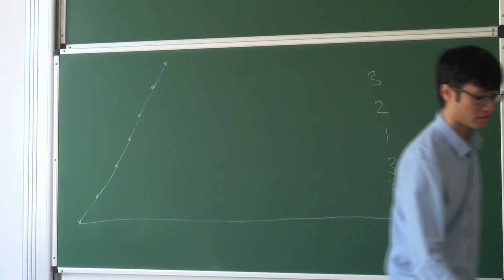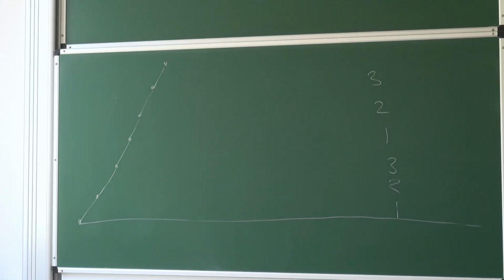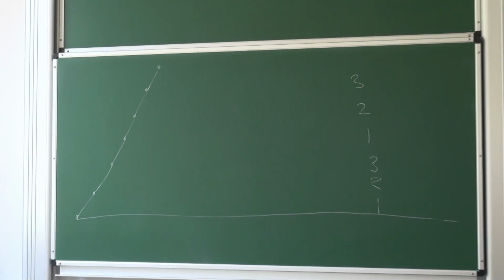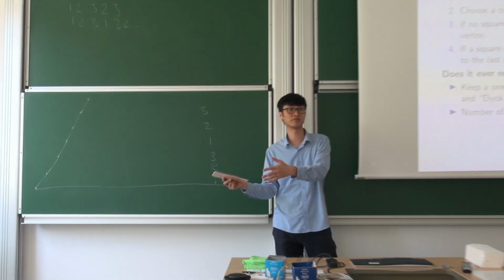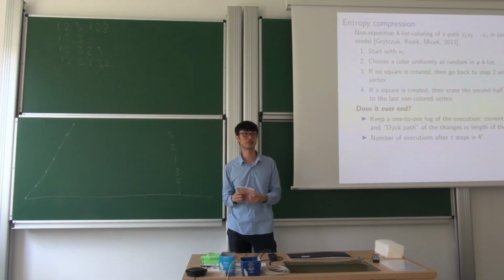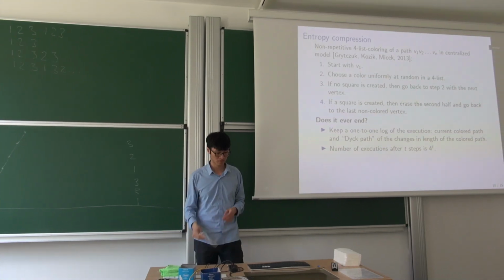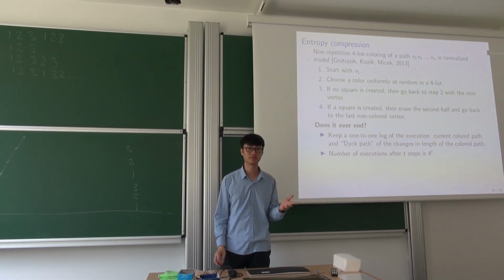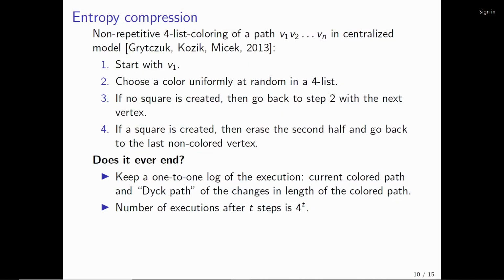Okay? So this execution, how do you think about it formally? Well, it's just at each step, you're making some choice of color in a list of 4 colors, right? So how many possible executions can you have? 4 to the t. Now, the number of logs here is a little bit less than that. Well, how can you see this?